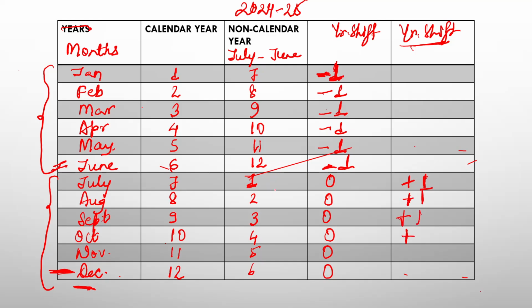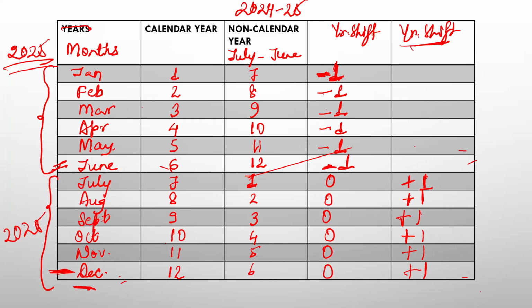Plus one, plus one, plus one. Now, after reaching December, we attend a new year, which is 2025. Now we are already in 25, and the client also wanted 2025, right? So is there any difference between this 2025 and this 2025? No, right?